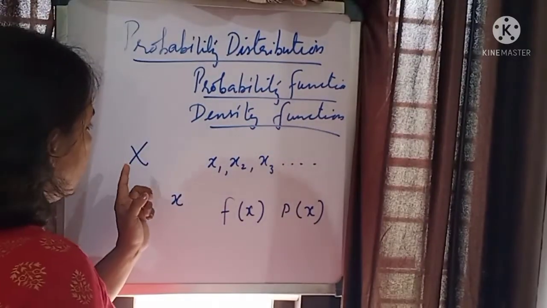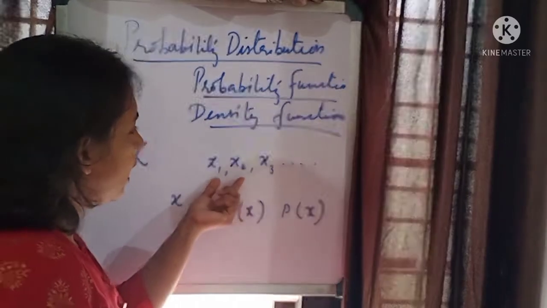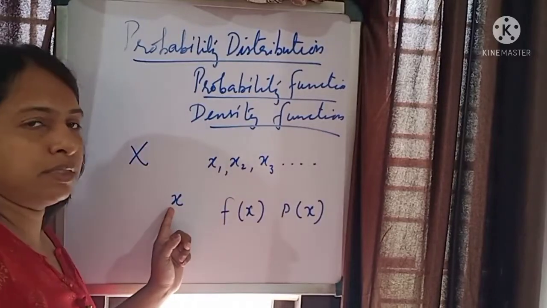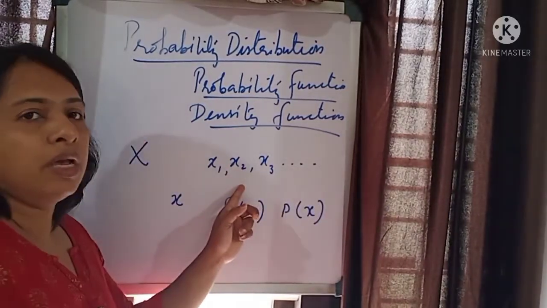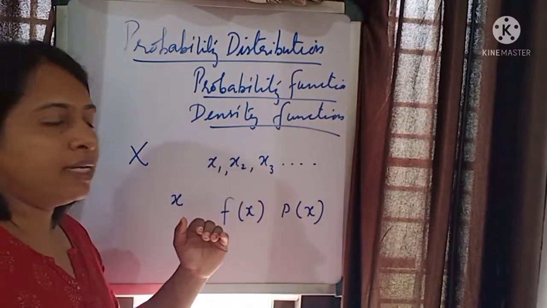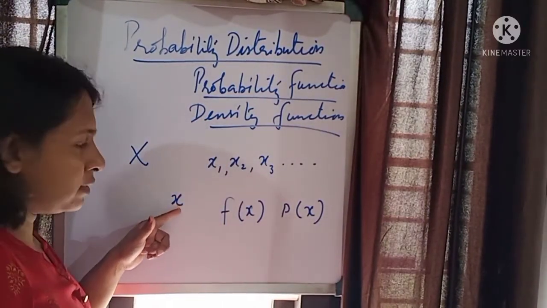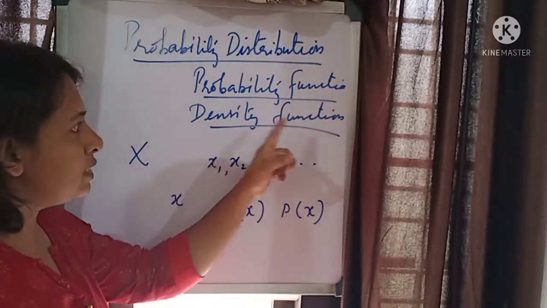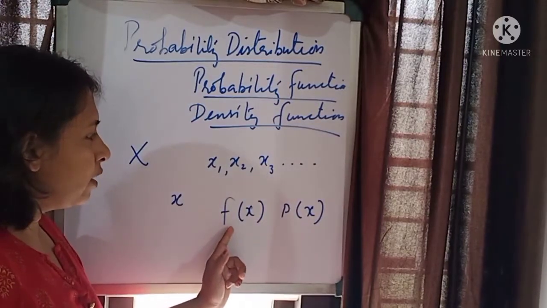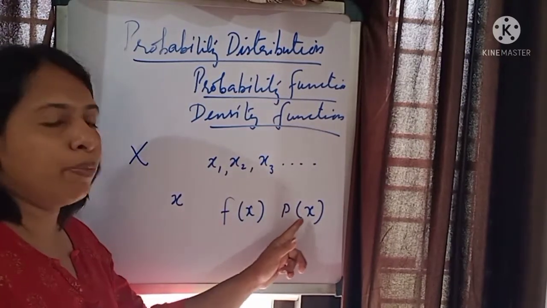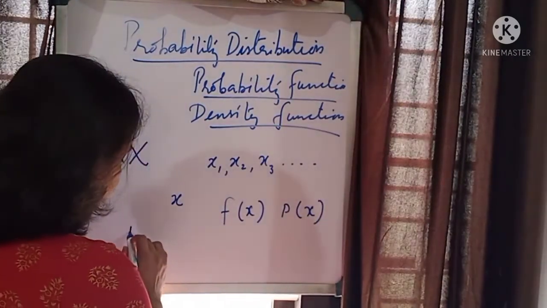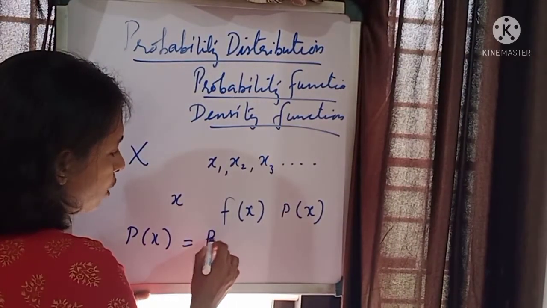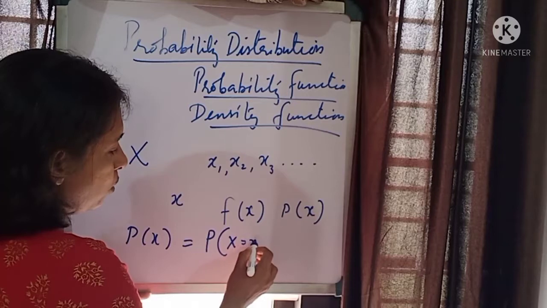X is a random variable which may take any of these values, and small x is a general representative.